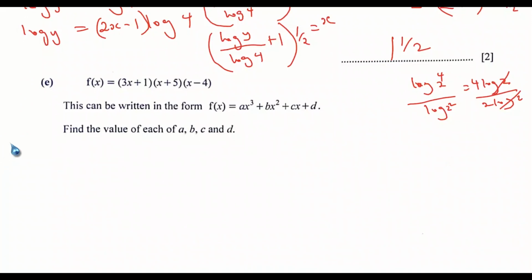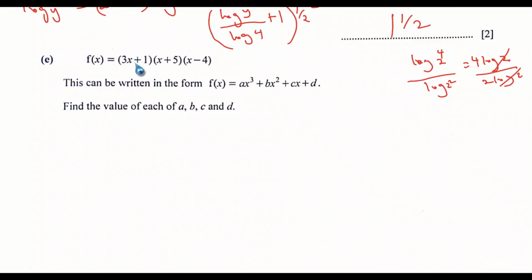Okay, so f of x equals to this. This can be written in the form f of x equals ax cubed plus bx squared plus cx plus d. So what you need to do is to expand this by multiplying this by this. Then the answer you get there, you multiply it by this.